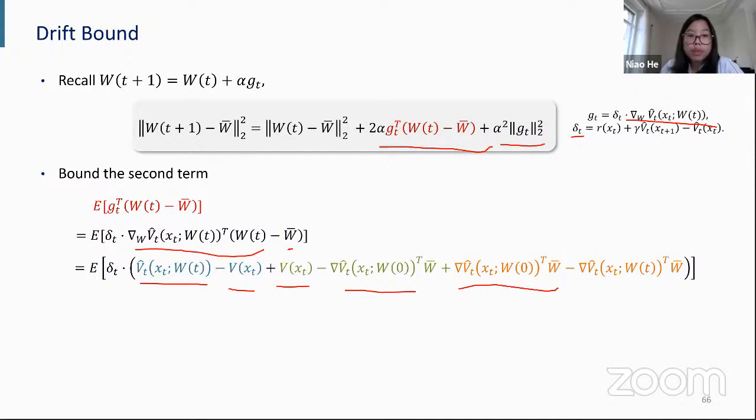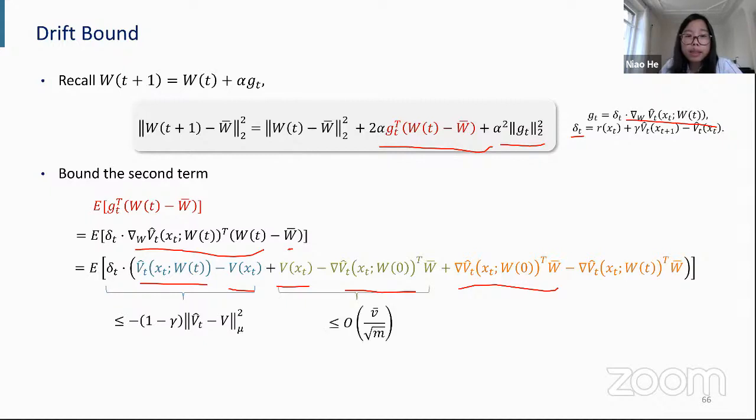If we decompose it this way, you can immediately see how this will work out, right? The first term here is the standard TD learning analysis. And this is bounded because, you can show that this temporal difference, because you are using this Bellman operator, its expectation corresponds to some contraction, right? That's why you get this 1 minus gamma times the squared norm of v hat minus v. That follows immediately from there.